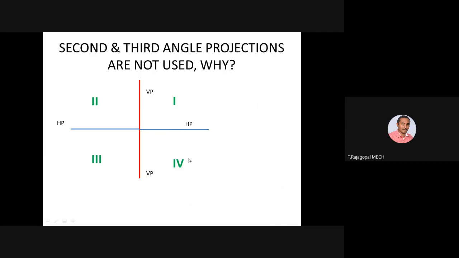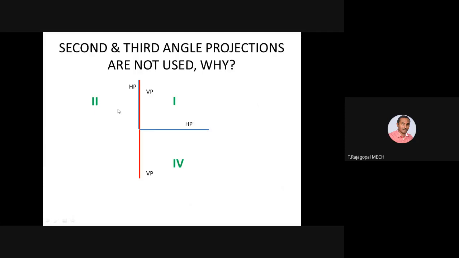These are the simplified planes, the vertical plane and horizontal plane, in the four quadrants: first, second, third, and fourth. Why are we not using the second and fourth angle projections? We will check the reason. Second angle projection: the condition we set is that you have to rotate the horizontal plane clockwise by 90 degrees. In the second quadrant, we rotated the horizontal plane clockwise by 90 degrees. By 90 degrees, the vertical plane and horizontal plane overlap.